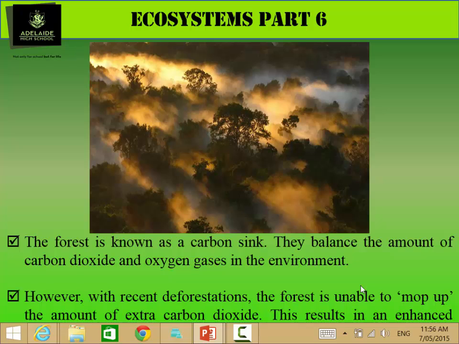It means to take in, to absorb the extra carbon dioxide in the environment, and that's where they can balance. But with the recent deforestation, you get less forest, you're unable to mop up, and as a result, you will have an enhanced greenhouse effect.